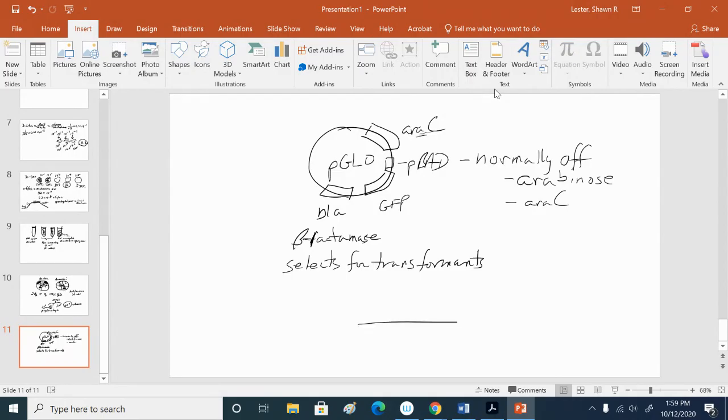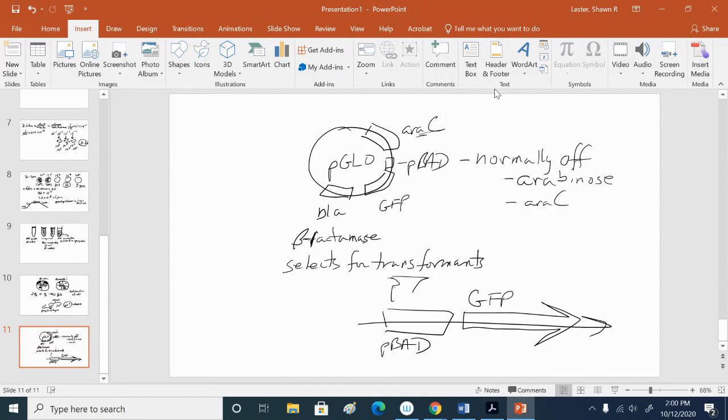All right, so this is the araC protein. Arabinose binds to it, and then together they both bind to PBAD.